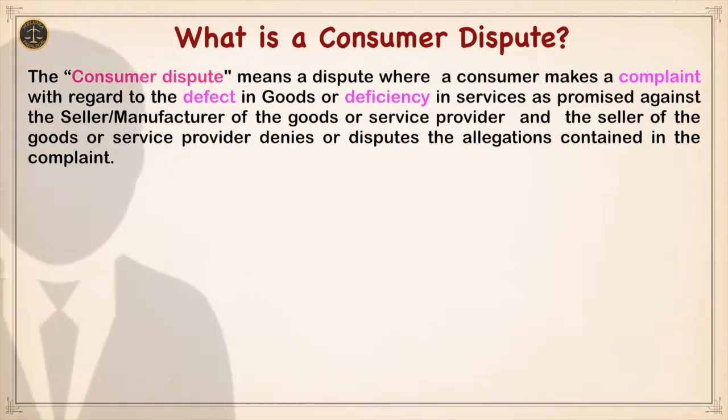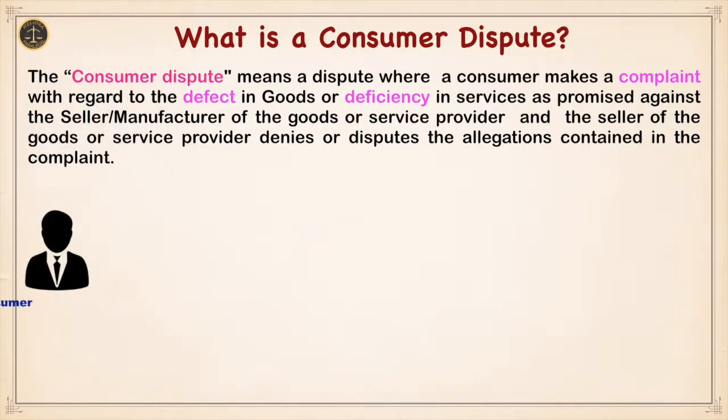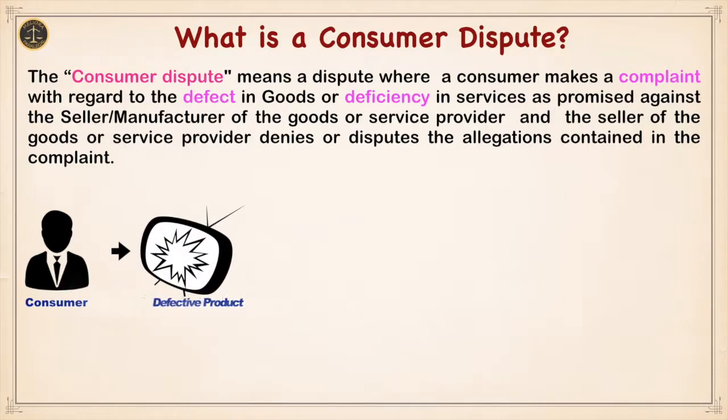So let's understand this phenomenon with this pictorial diagram. Consumer. Suppose you are a consumer, you bought some product, and you found it defective. Now what will you do? Your next step will be to complain.